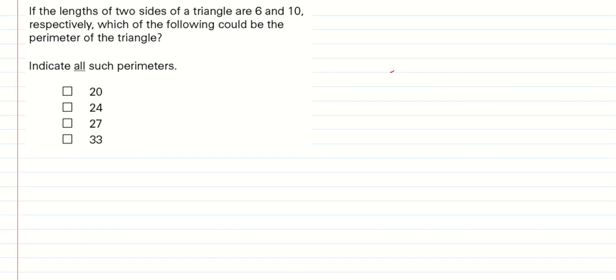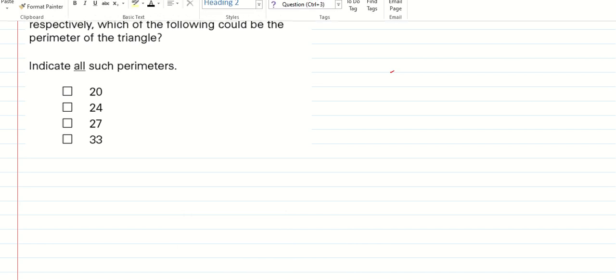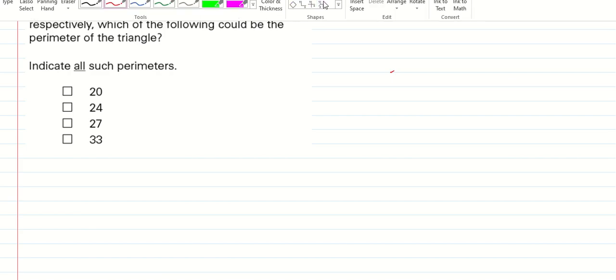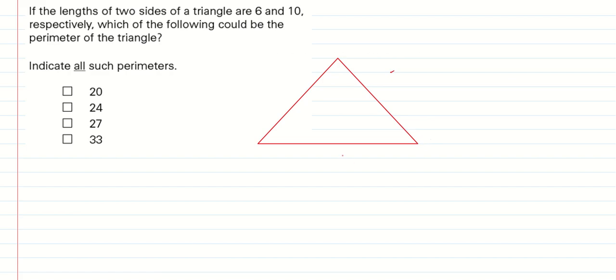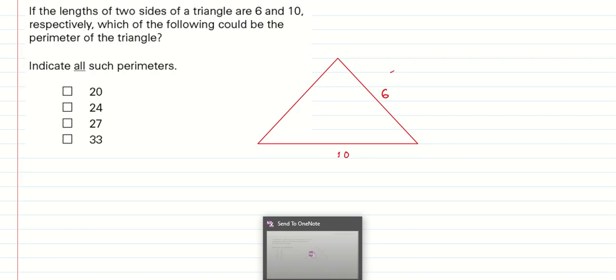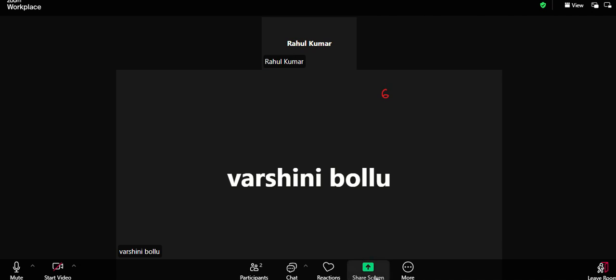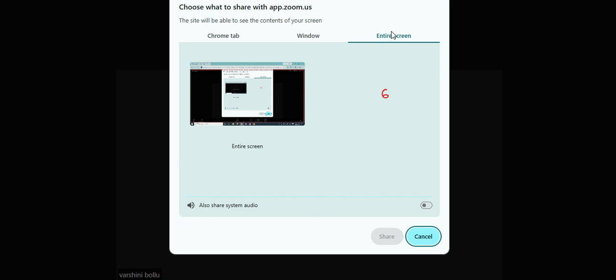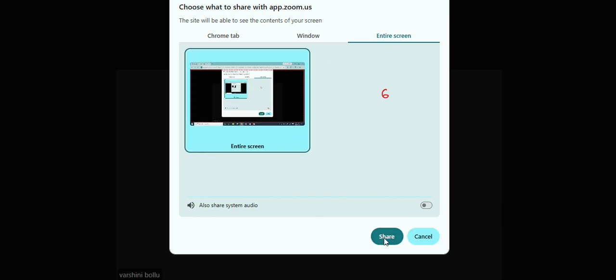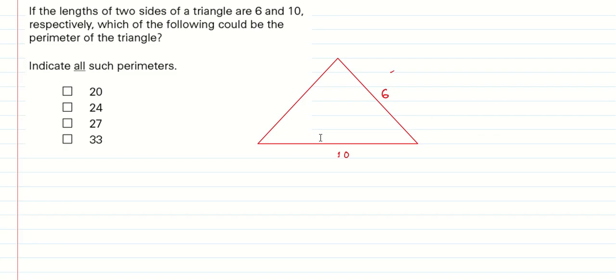Is it visible now? Not visible? Now let's say this is a triangle, or can you see that? Can you see the notebook now?